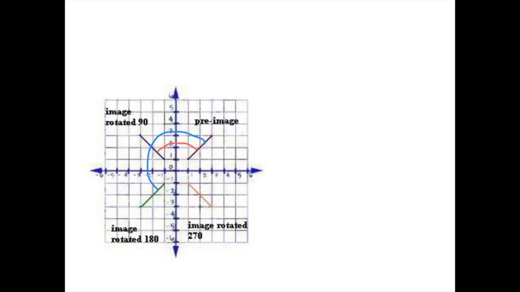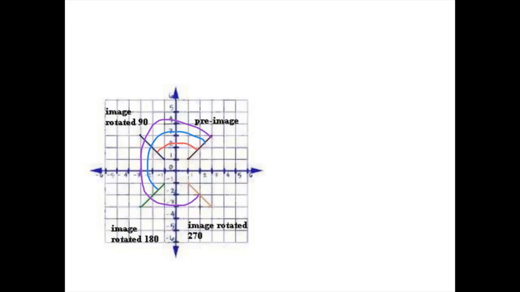Then finally, it does the same thing with the same pre-image, but instead rotates it 270 degrees. So, for those of you counting at home, that's 3/4 of the whole way around the origin.